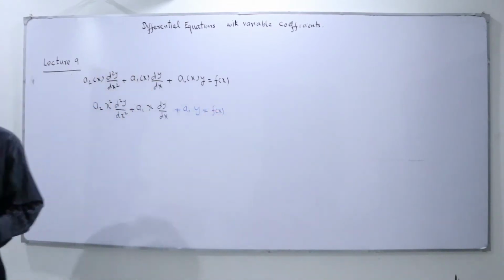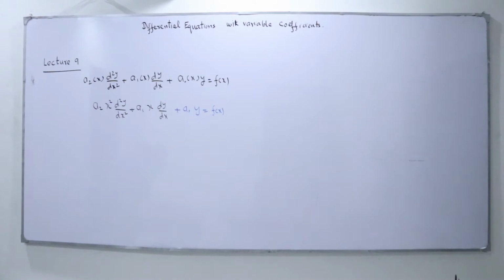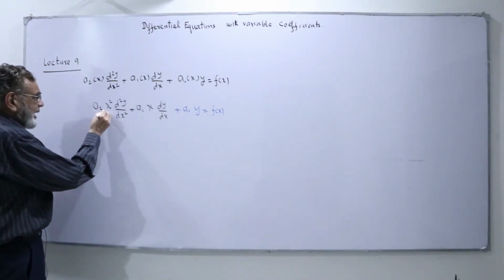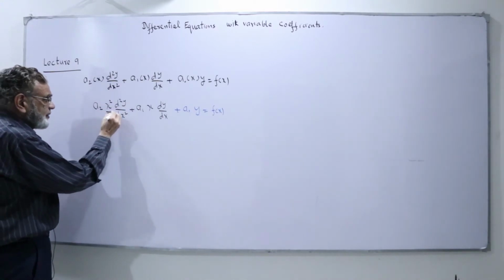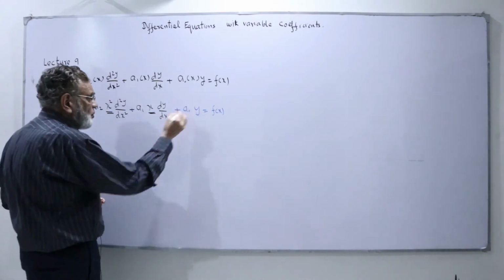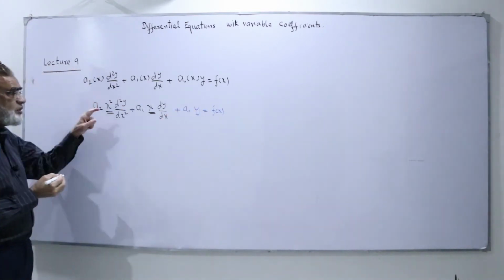In this differential equation, the second derivative is multiplied by x square, the first derivative by x to power 1, and y by 1. This is a very special case.